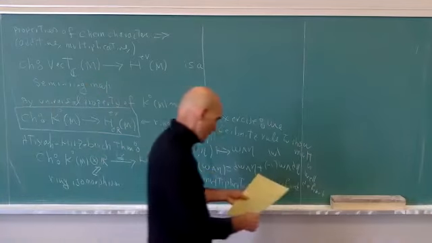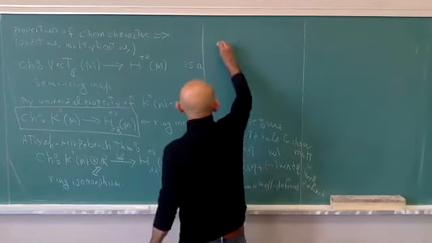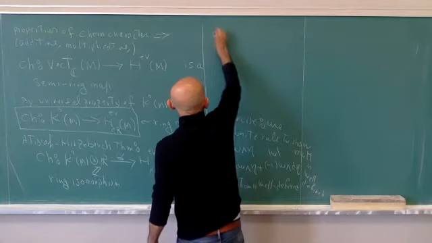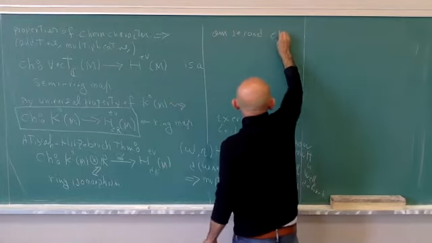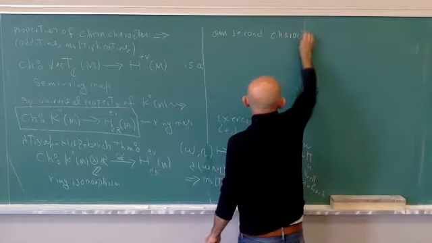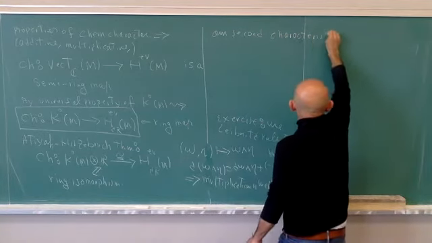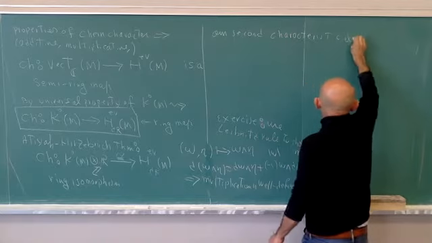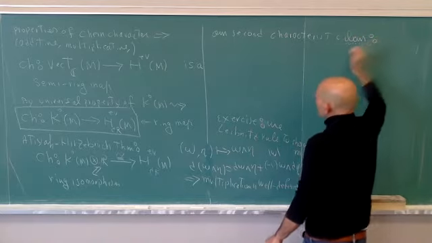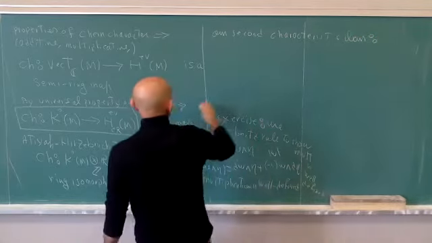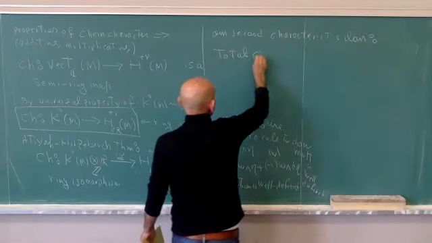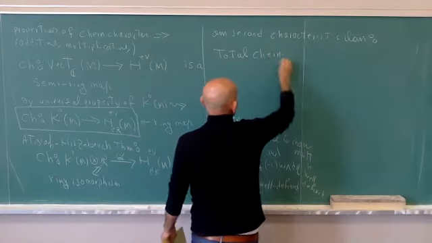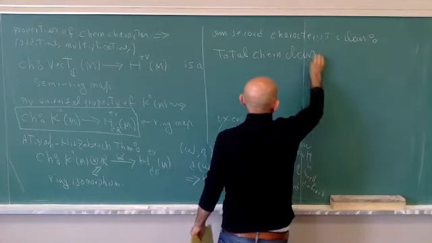So now let me go to our second characteristic class. This is called the total Chern class.